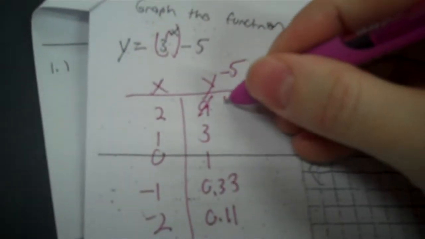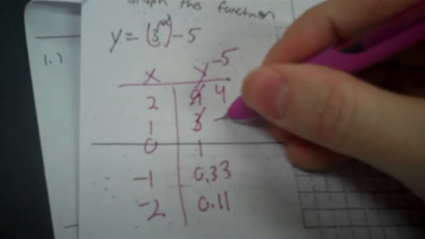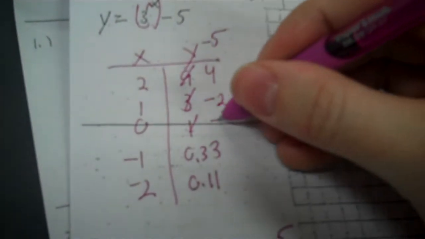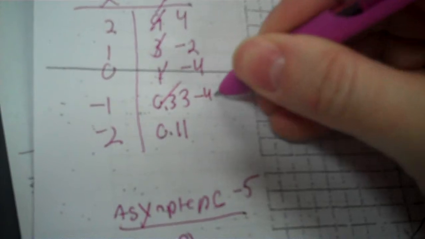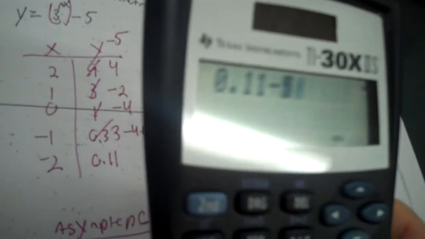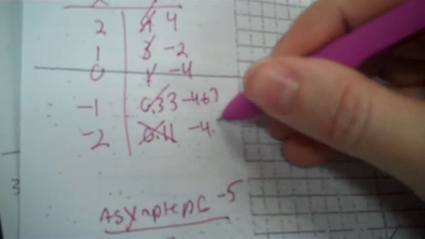So 9 minus 5 is 4, 3 take away 5 is -2, 1 take away 5 is -4. 0.33 take away 5 is negative 4.67. Then 0.11 minus 5 is going to be negative 4.89. Okay, and then 0 minus 5 is negative 5.